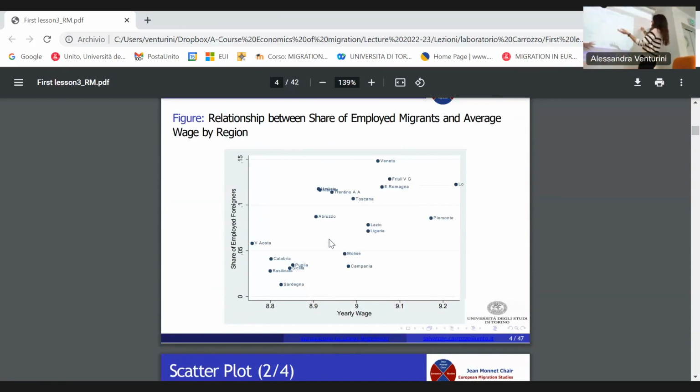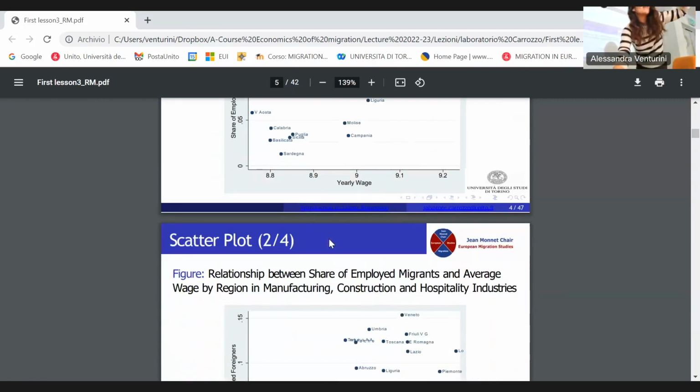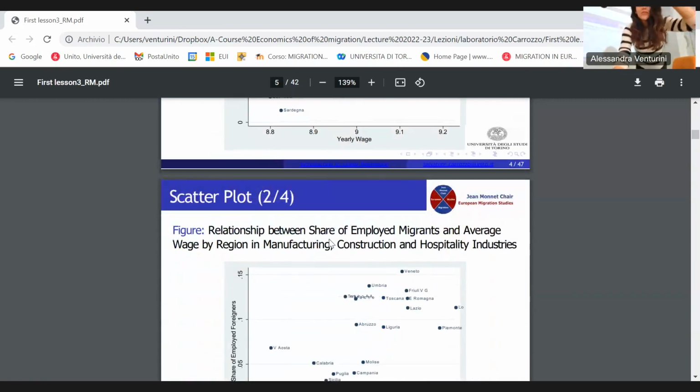These regions show a higher yearly wage. There are other regions that present a lower yearly wage.